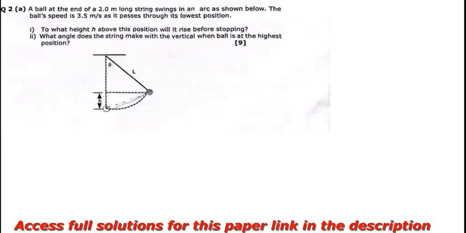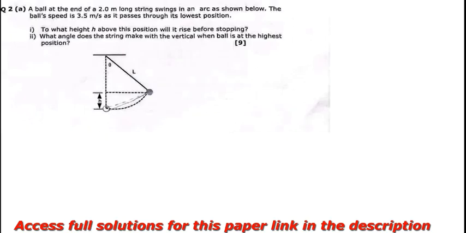So now this is question 2 of the paper for Physics 1010, 2024 exam past paper. The question is saying: a ball at the end of a 2 meters long string swings in an arc as shown below.